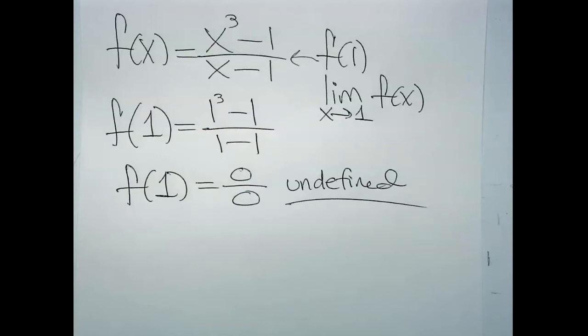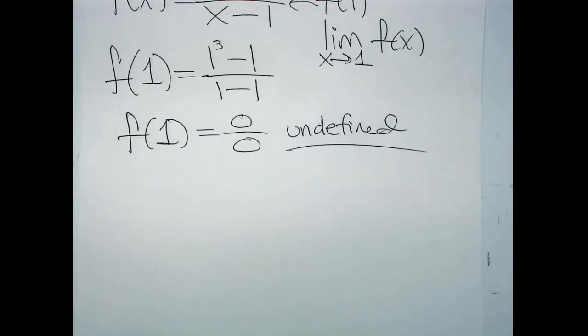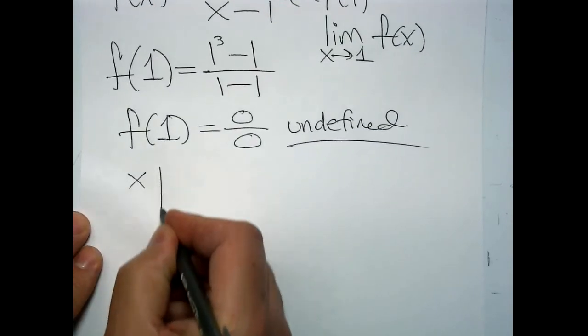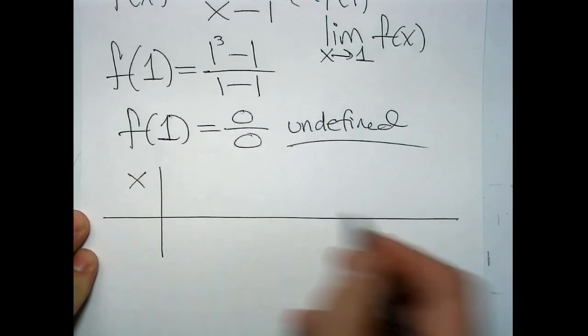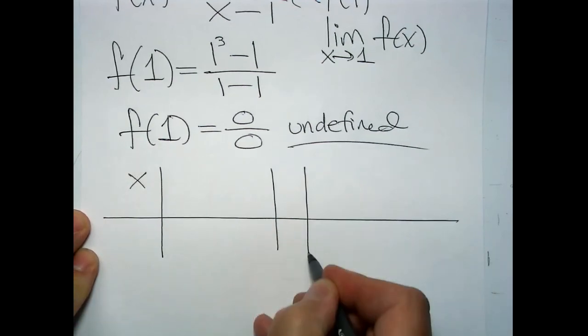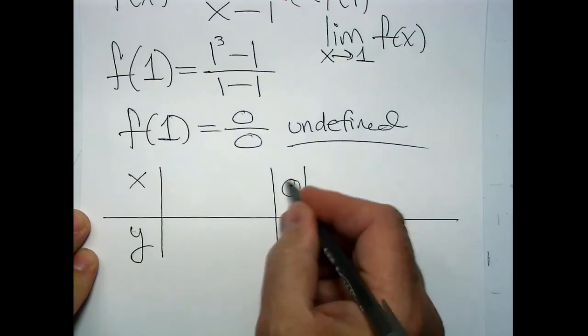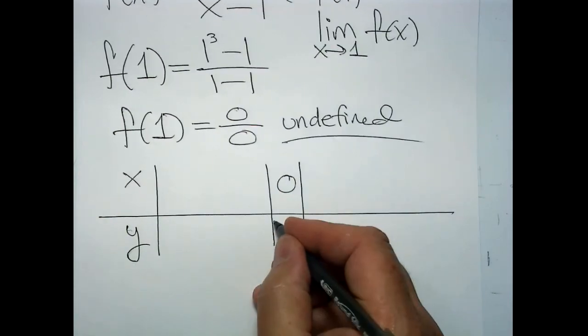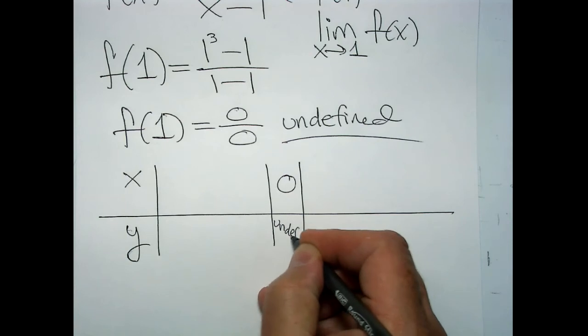Now, just because the function's undefined does not make the limit undefined. Remember, limits don't care what the function value is at that particular x value. You want to answer the question, where were you headed? Well, one way to do this is to build a table. Now, we already know on this particular xy table what goes on here. At 0, y doesn't really give me an answer. It's undefined.